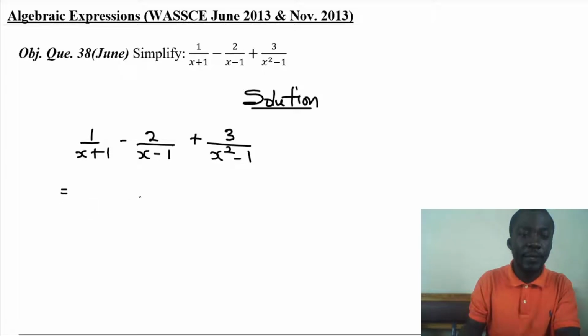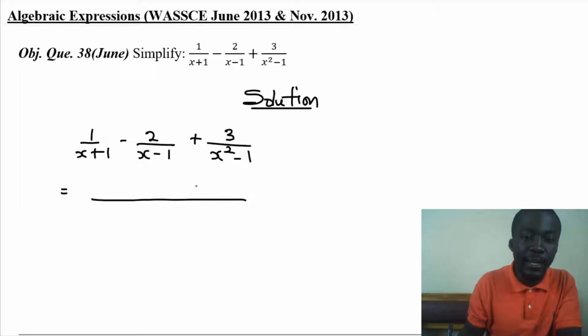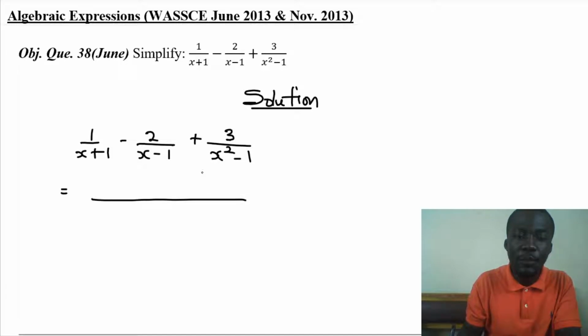In this given expression, first of all, we are going to find the least common denominator, that is, the denominator that each of the denominators we have in the various terms can divide without any remainder. So, when we look at x plus 1, x minus 1 and x squared minus 1, we can choose the least common denominator as x squared minus 1.